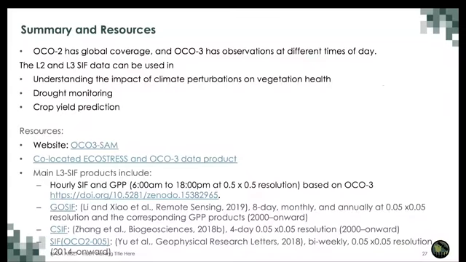We have both level 2 and level 3 SIF products available, and these can be used to understand the impact of climate perturbations on vegetation health, and can also be used in drought monitoring and crop yield predictions. Here I list a few websites that I have talked about in the lecture, including the OCO-3 website and also the products that I have mentioned throughout the slides.